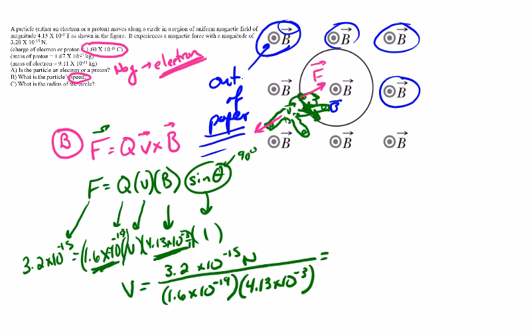When I calculate that out, I should get my value for the velocity. On my calculator it gives me a very big number, which in scientific notation is 4.84 times 10 to the 6 meters per second.